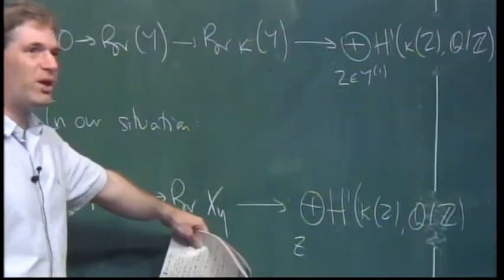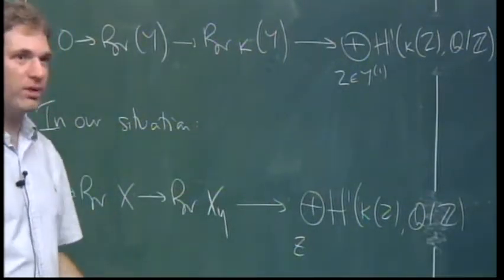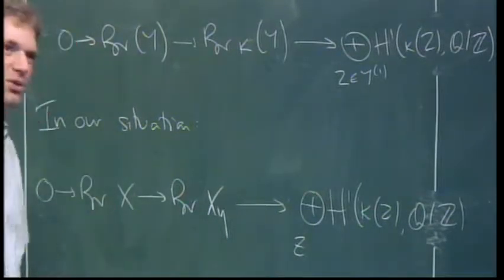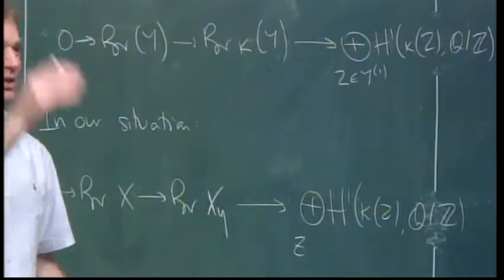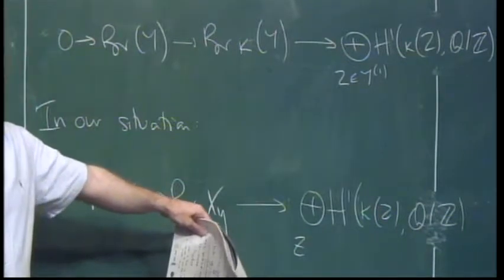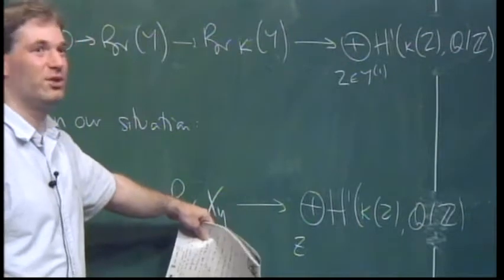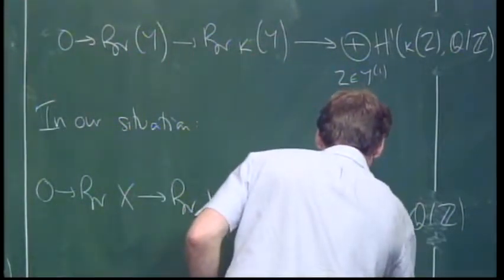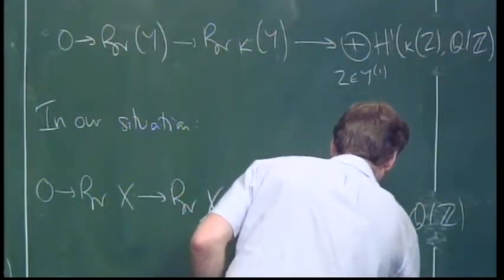To be in the Brauer group of the generic fiber already means that it's unramified at all of the horizontal divisors in X. Divisors in X come in two sorts. There are the horizontal ones, which map surjectively down to the bottom, and there are the vertical ones, which do not map surjectively down to the bottom. The horizontal ones are the same as divisors on the generic fiber. So something here is already unramified at all the horizontal ones. So here I just need to put the vertical prime divisors.